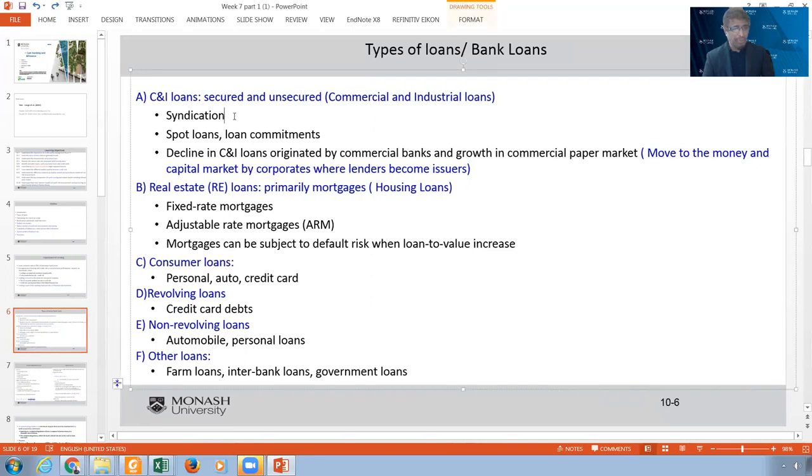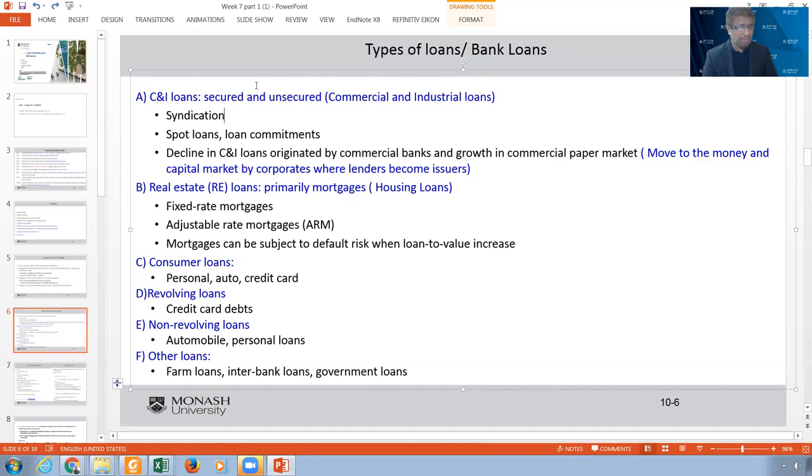A syndicated loan basically means a loan with a group of banks. For example, a huge loan can be given by many banks, which make what we call a syndication and give it to a customer. And I think I explained this when we talked about Tencent Corporation in China, the owner of WeChat and QQ.